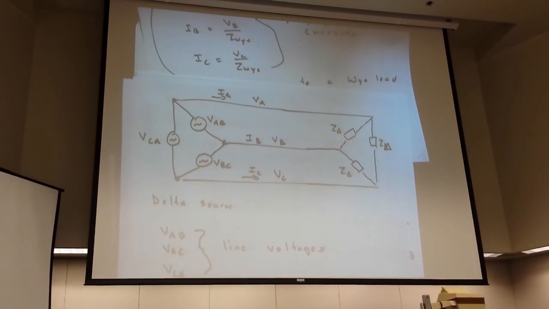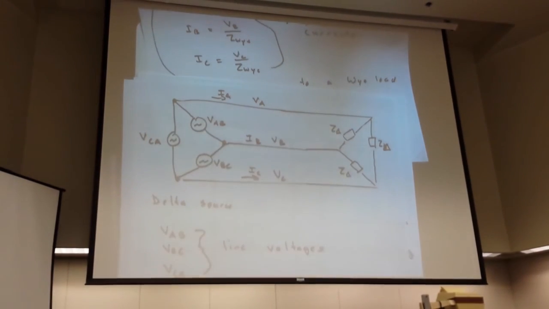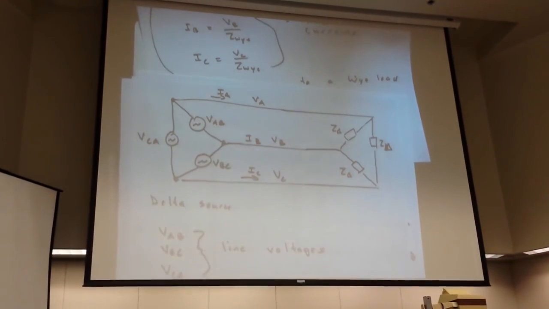But if the load is not balanced, IA, IB, and IC have different magnitudes, and we can have circulating current in our system that leads to inefficiencies. And so there's no place for it to get dumped in the ground like it would in the Y configuration. So we can have circulating current, and that's a problem.